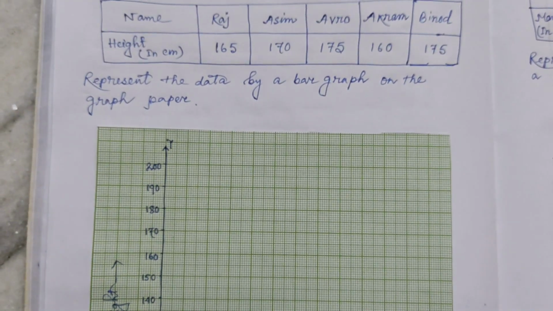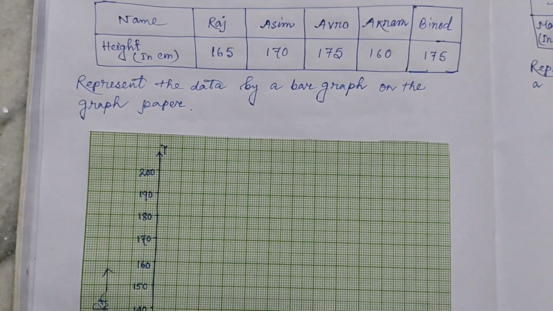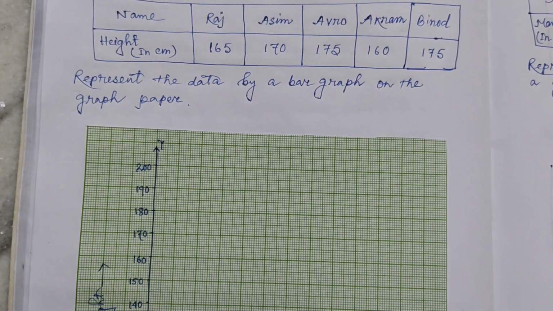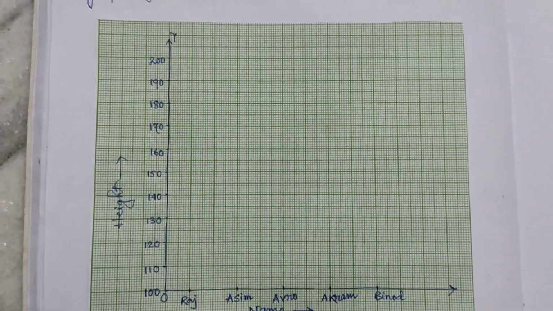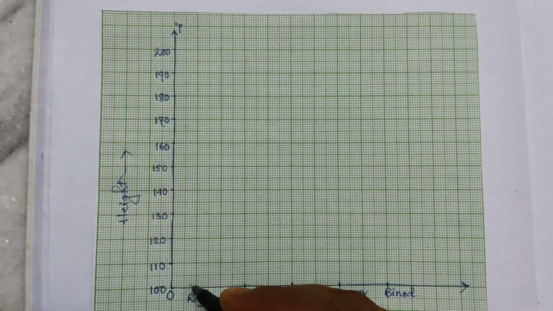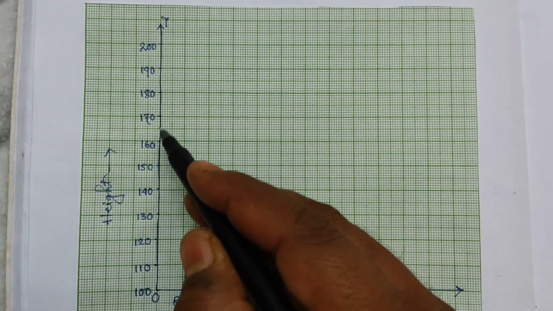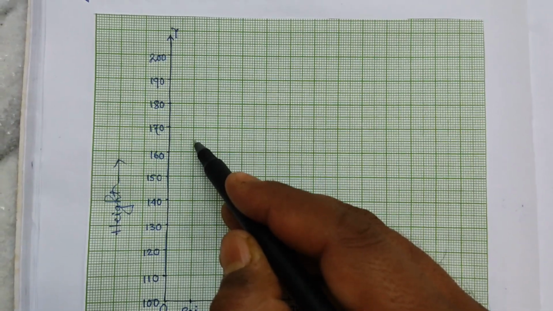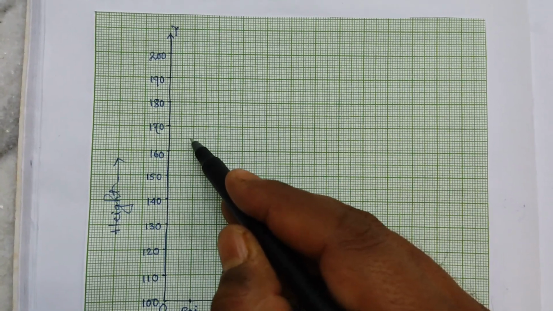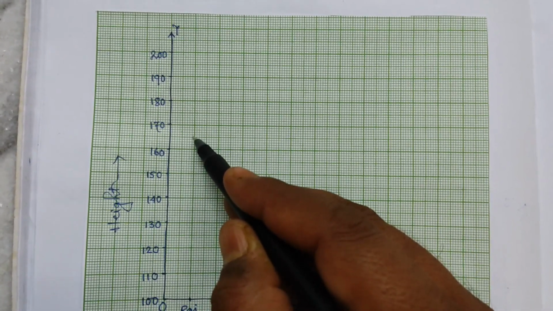How to draw? First of all you can see Raj 165 centimeter. So 165 we have to draw. You can see here is 160, here is 170. So in between, that is, this is 165.